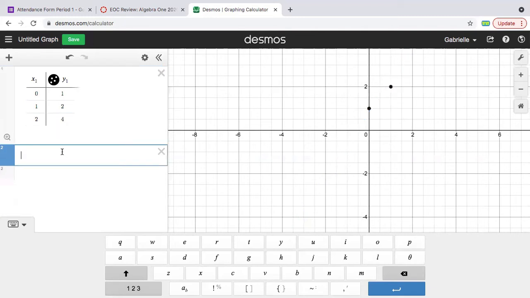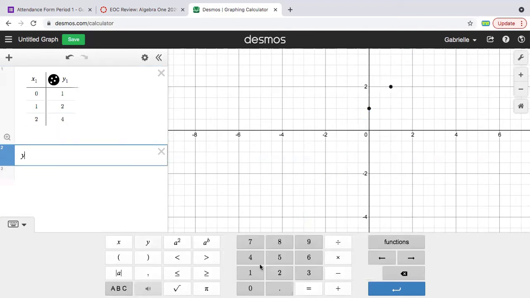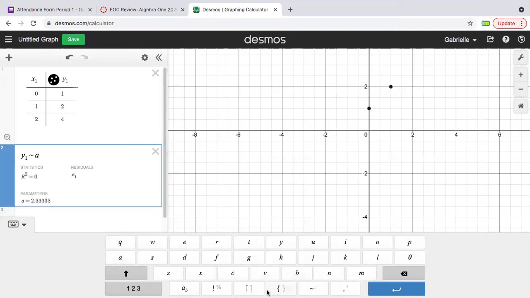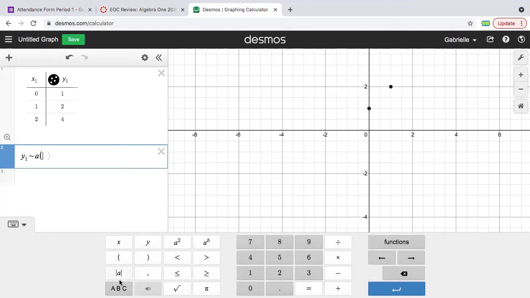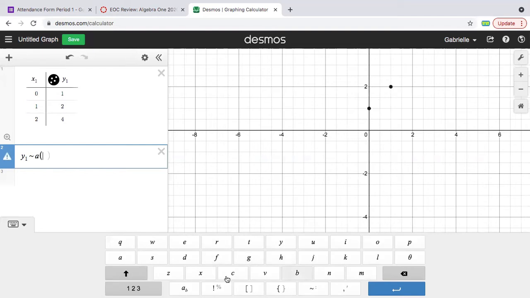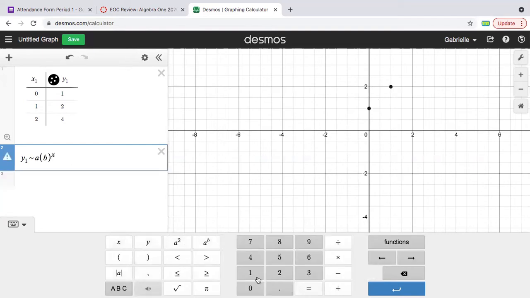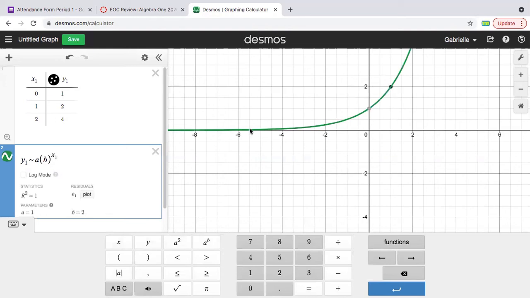The exponential equation is y1 squiggle a times b to the power of x1. Look, it gives me my a and my b. There's my y-intercept, and there is my exponential growth.